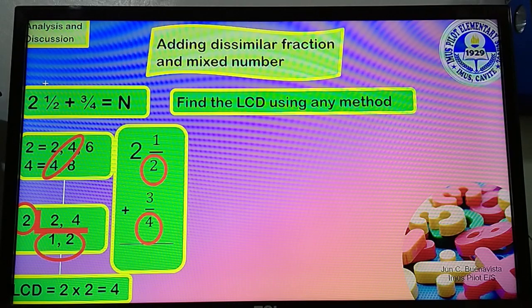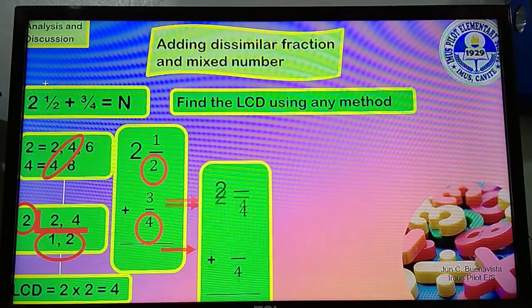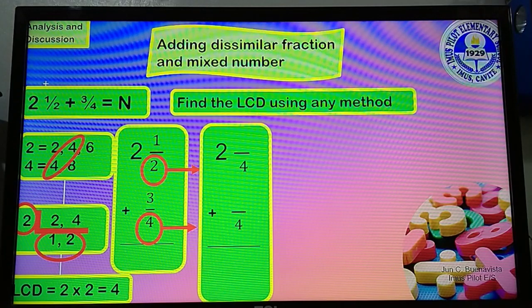Again, if our denominators are not the same, they are dissimilar fractions, so we cannot add the fractions right away. We're going to change them to similar fractions. Find the LCD of 2 and 4. The LCD is 4.